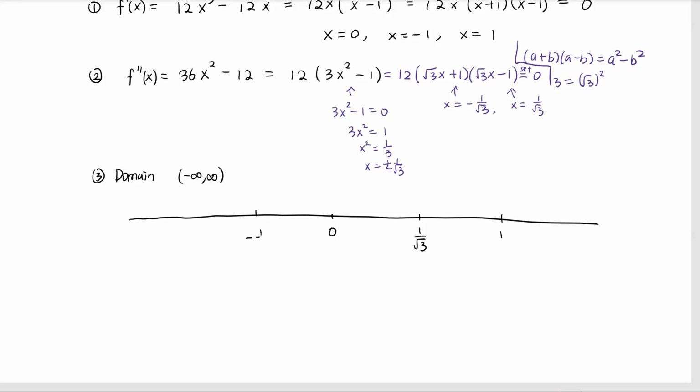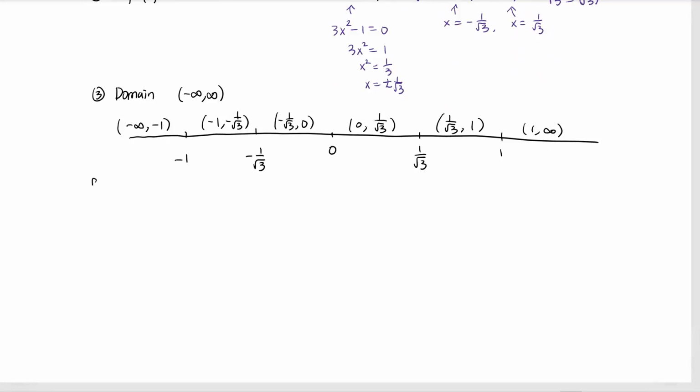So here we have minus 1 over root 3, and here we have negative 1. Okay, well that separates into many subintervals. So minus infinity to minus 1, minus 1 to minus 1 over root 3, minus 1 over root 3 to 0, 0 to 1 over root 3, 1 over root 3 to 1, and 1 to infinity. Okay?